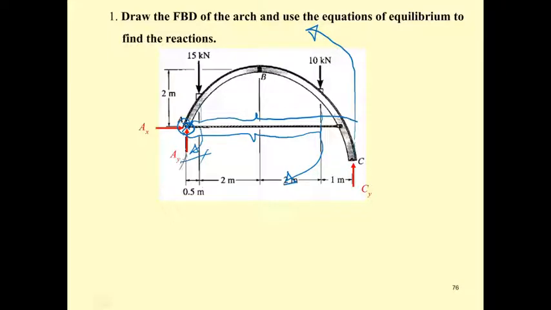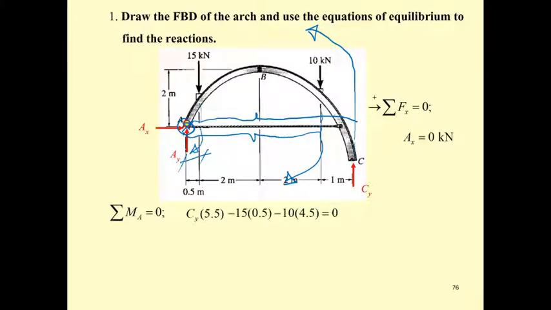15.5 is also going to be negative. You can have C sub y times 5.5 positive, and the answer is negative, and C sub y is 9.545 kilonewton.